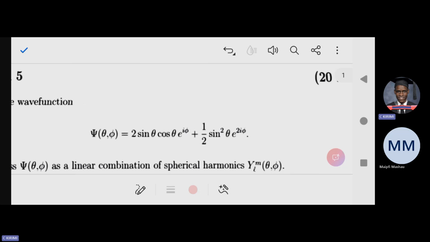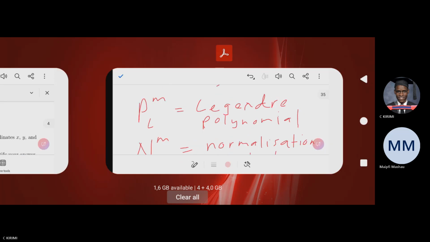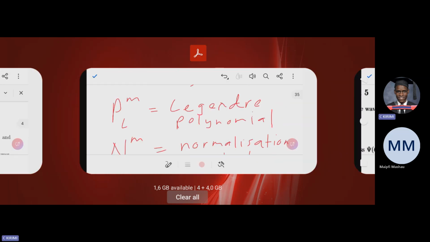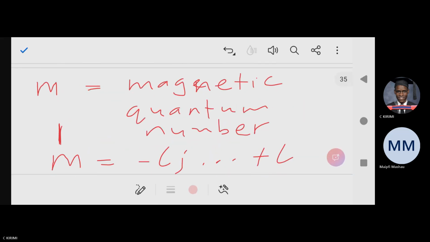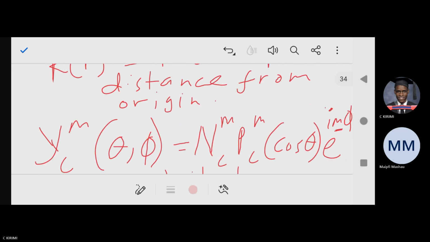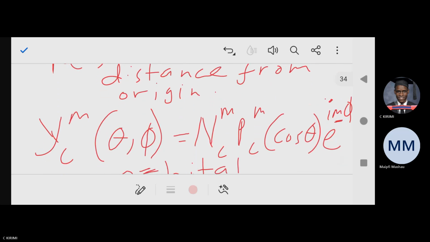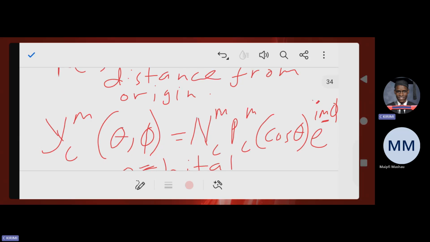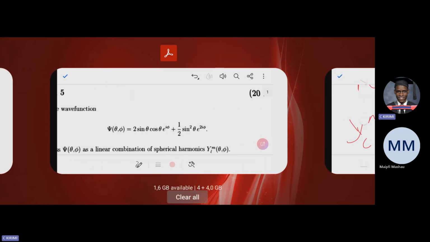If you substitute m equals 1 and L equals 2 in the spherical harmonics formula, which is this one, from the original equation that you are given, that's where you are substituting the values.